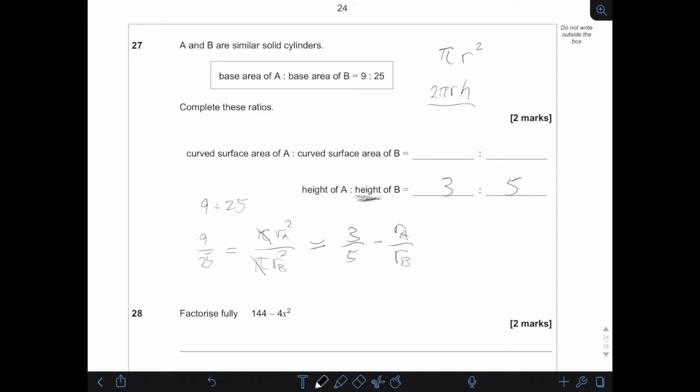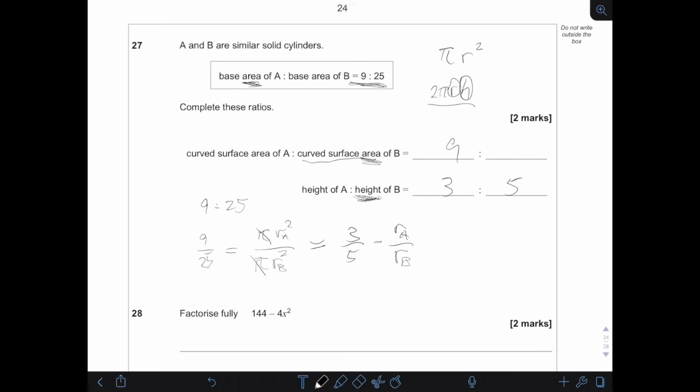And then for curved surface area, we have one lot of height, one lot of the linear relationship, times another lot of the linear relationship, which ultimately is exactly the same as the given ratio, because the given ratio is in terms of area, and the curved surface area is surprisingly also an area.